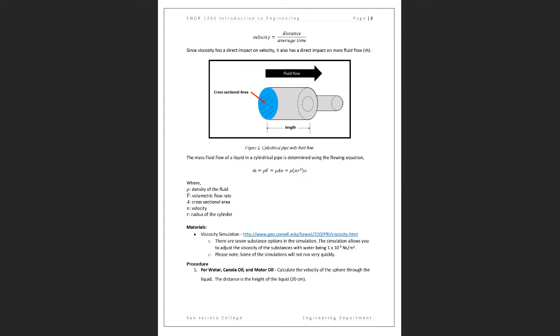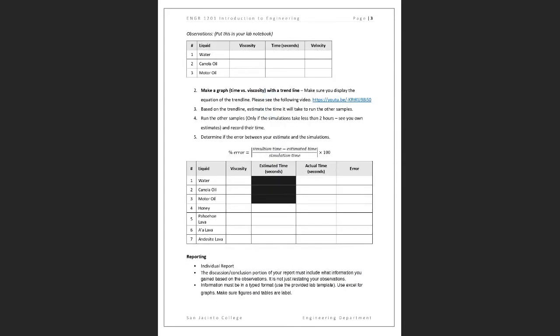Thanks, guys. And so you're going to use that. You're going to flow this through the bottle, and you're going to time it. You're going to see how fast it flows. And that's pretty much it. Real simple, easy. You're going to make a graph of the time, either you're filling it or flowing through it.